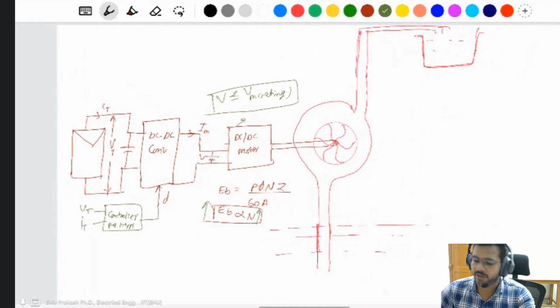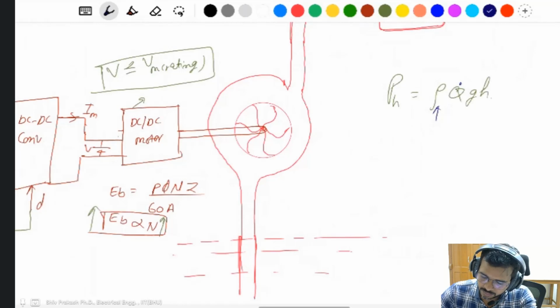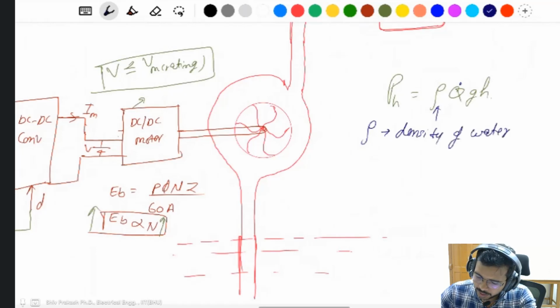Okay, power of hydropower. All of you know about hydropower is rho g Q H, where rho is the density of water and Q is the discharge of water, how many liters per second it will discharge.